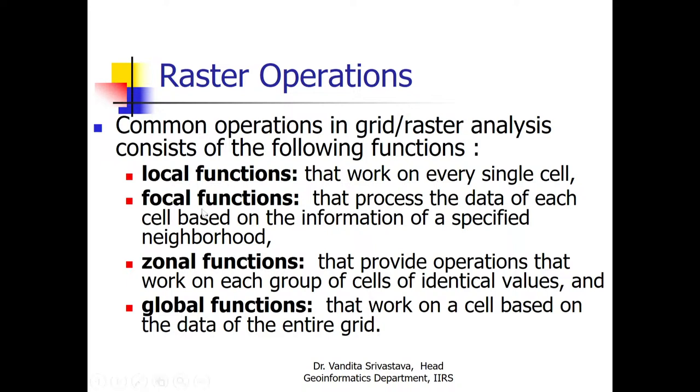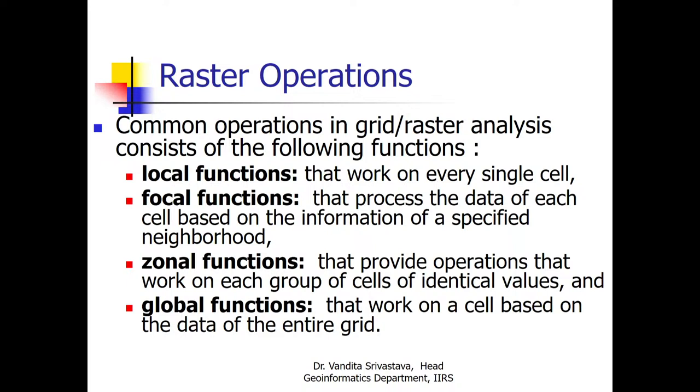When you perform focal functions, what happens? You imagine a foci of points. This foci can be called foci, or focal, or window, or kernel, or neighborhood. So basically you are considering the neighborhood of a location to make calculations.